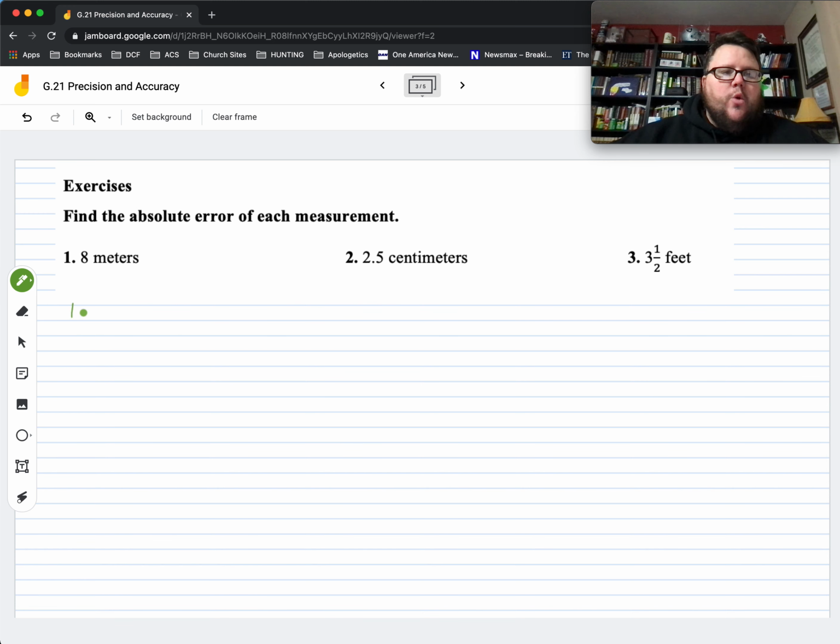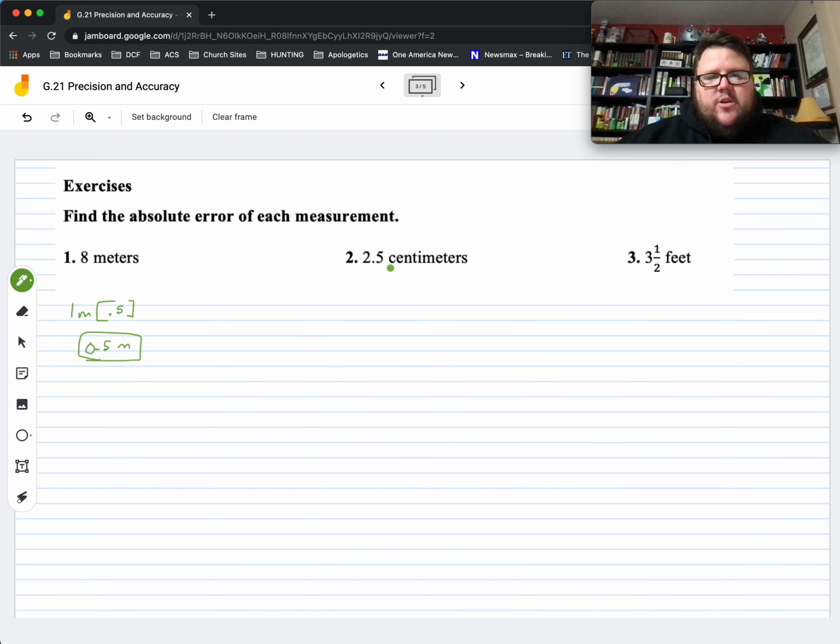So we're going to start with 1 meter, and we're going to multiply that by 1/2 or 0.5. So 0.5 of 1 meter is actually 0.5 meters. So that is our absolute error. It's just half of what we're rounding to the nearest.